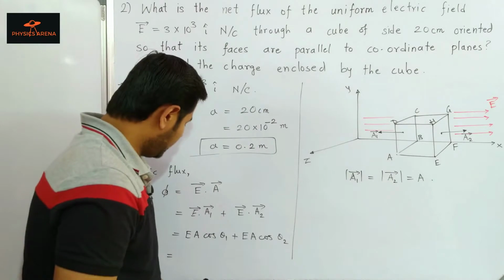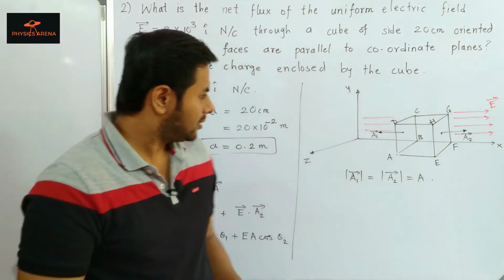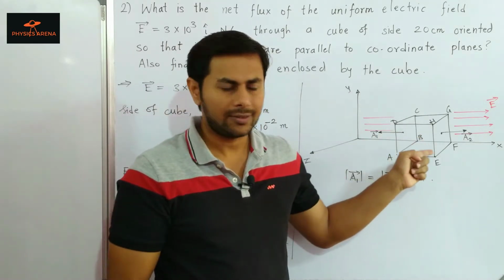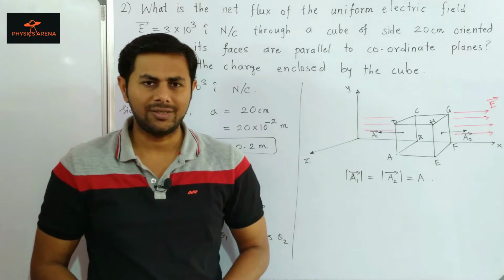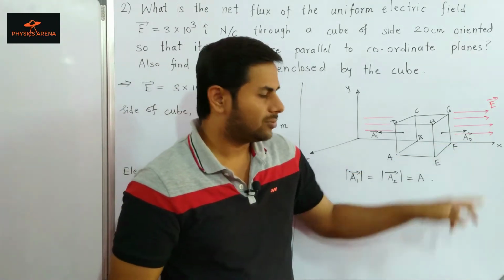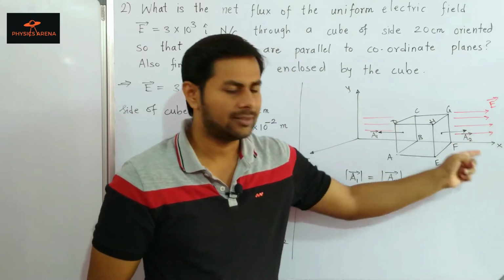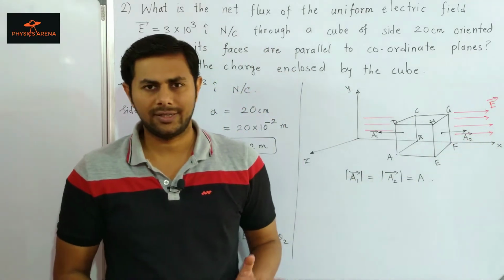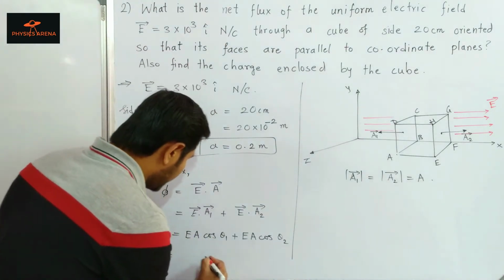Then theta 1 should be equal to 180 degrees, since the electric field lines here and the area vector are directed in opposite directions, and theta 2 should be 0 degrees, since E bar and A2 bar are directed in the same direction. So theta 1 is 180 degrees.